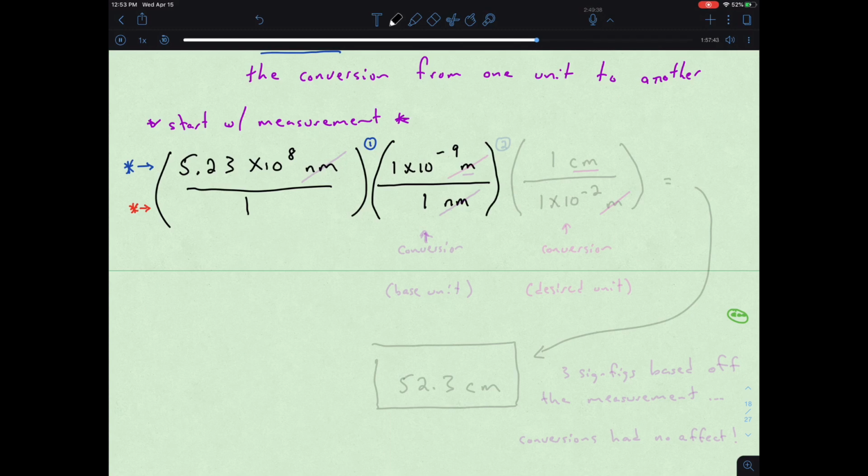And so this is our conversion. Notice that what's happening here is the units are canceling out. Our original measurement had nanometers, and so now that's going to cancel because we're dividing by nanometers. And so now what we're left with is in terms of meters. That was step one to get to the base unit.